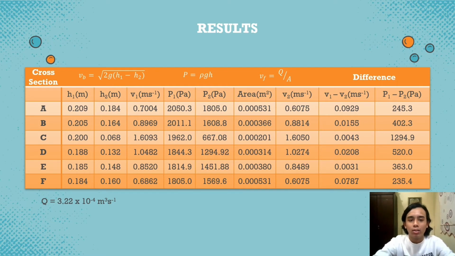Okay, from the values of H1 and H2, we calculate the pressure using P is equal to rho gh. After we obtain P1 and P2, we can calculate the pressure difference to show that there is a pressure drop. Okay, V1 is calculated using the Bernoulli equation and V2 is calculated using the fluid flow rate or continuity equation. And the flow rate for this experiment is 3.22 times 10 to the power negative 4 meter cube per second.